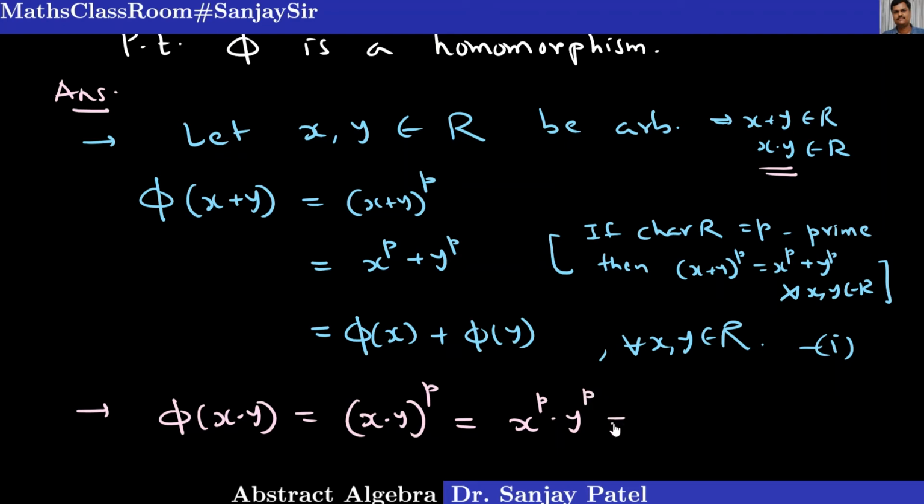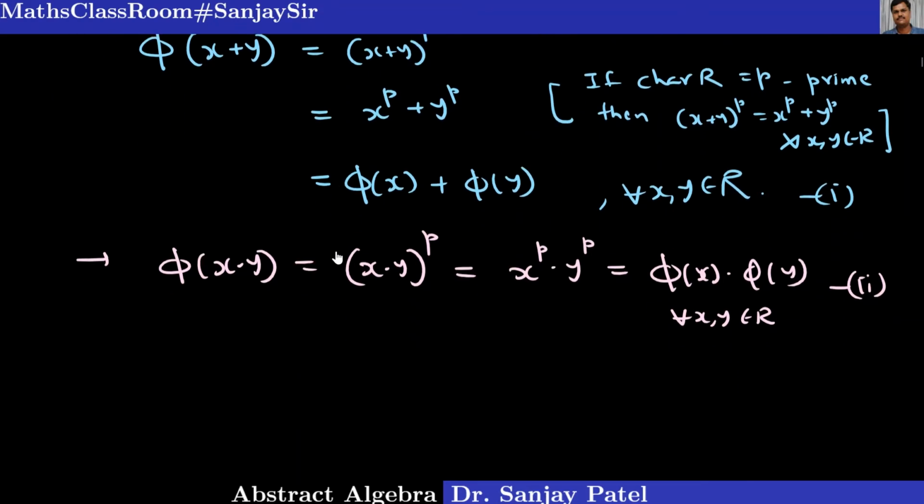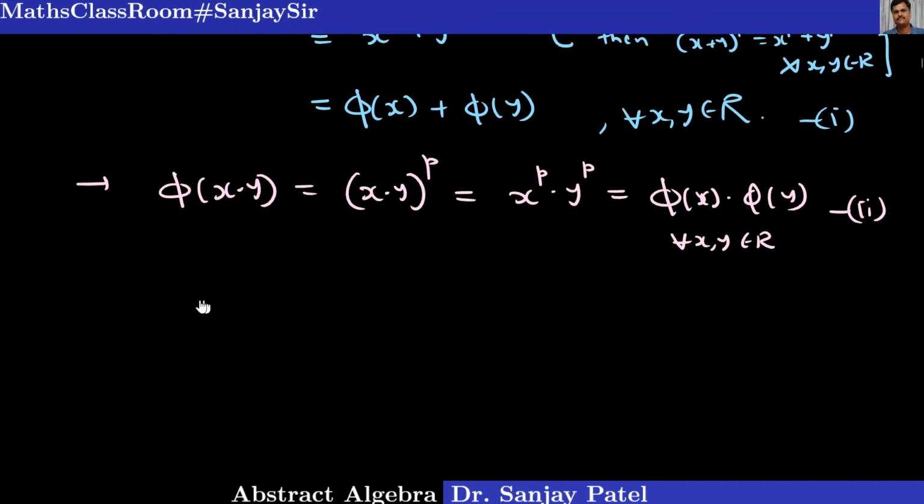We can write it as x raised to p into y raised to p, which is nothing but phi of x into phi of y. So this is again a very simple thing for every x and y belonging to R. So this proves that this phi is also a homomorphism. So therefore, phi is a homomorphism.